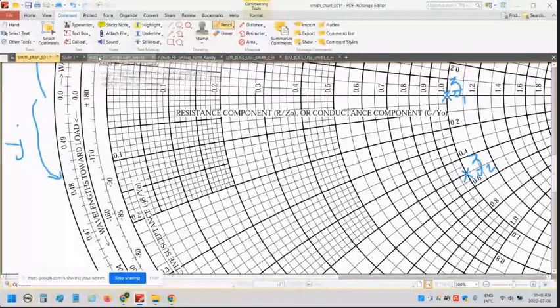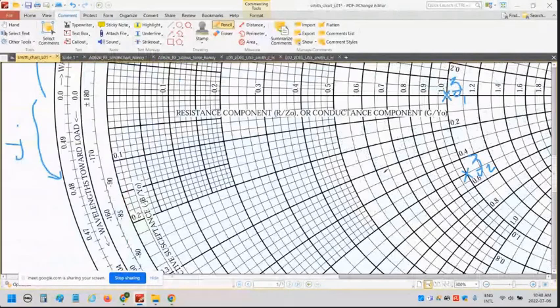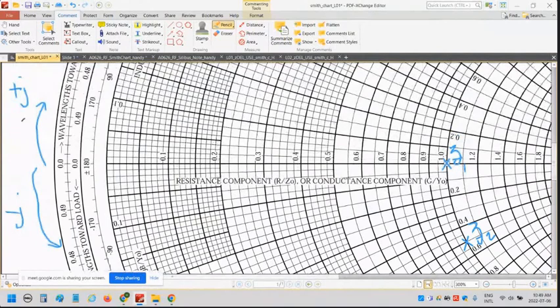Based on the question, it is 1 minus 0.5. 1 here, 0.5 here, so this is z2. Because in the bottom half circle here is negative j, and up here is positive j.